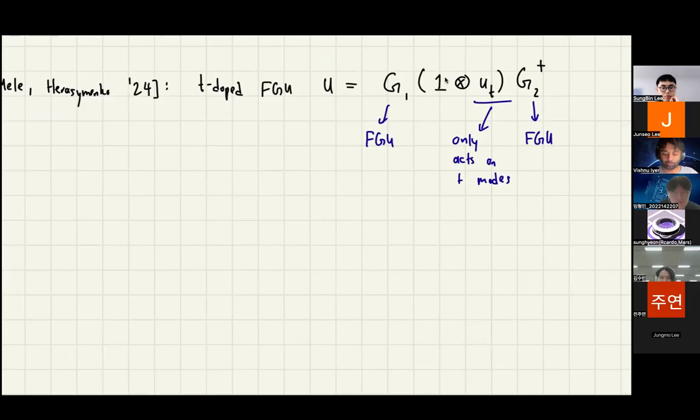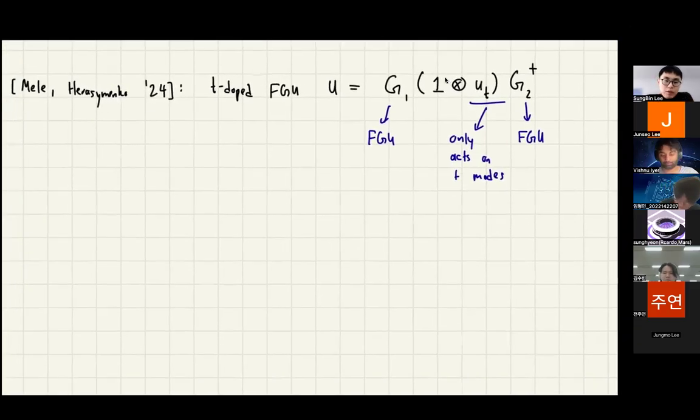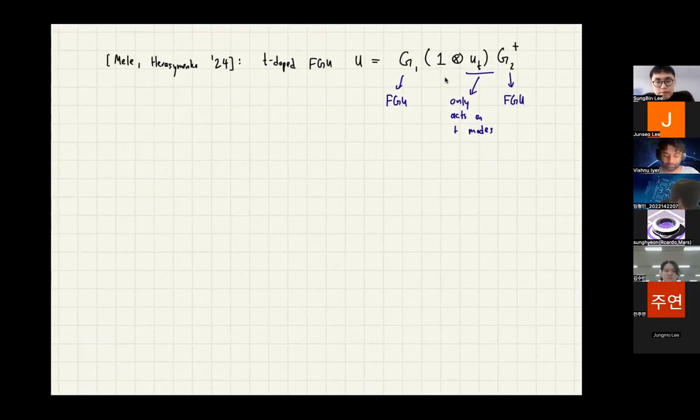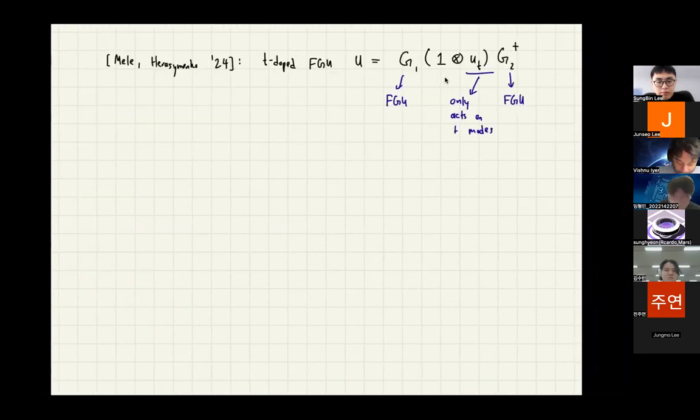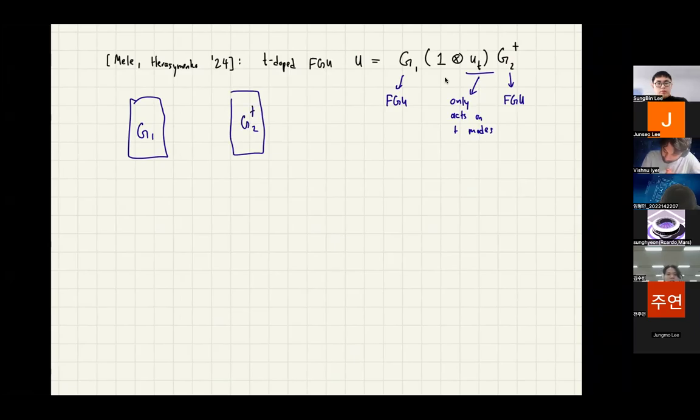So basically, if you have this fermionic Gaussian unitary from before, you can write it as this is Gaussian, this is Gaussian, and this is a unitary, but this is only small. Okay?